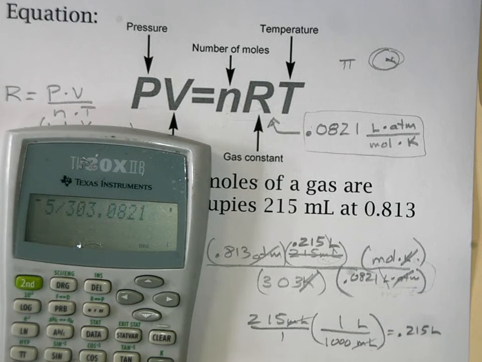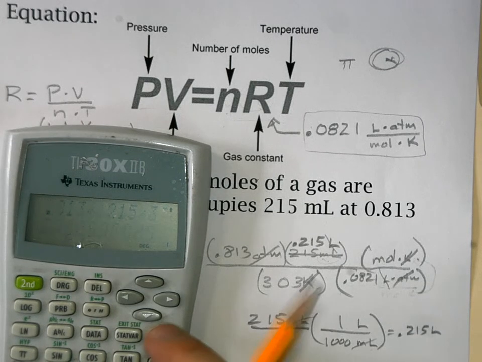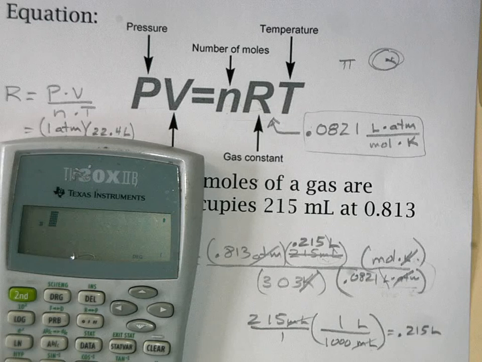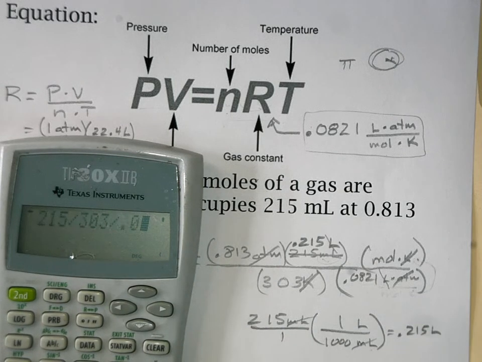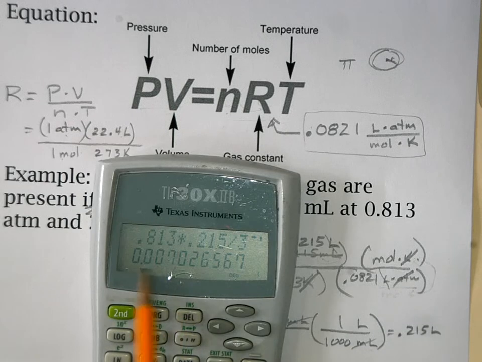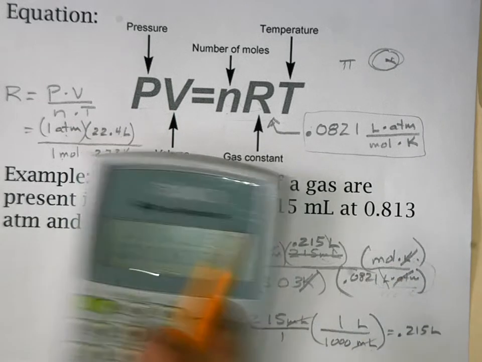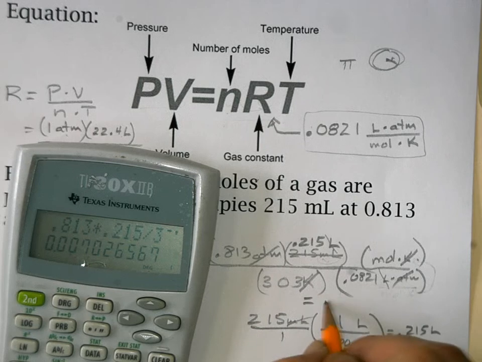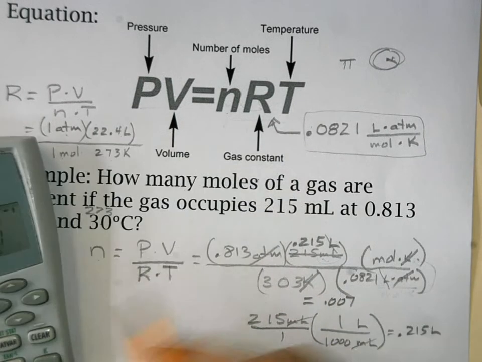Oh, I did it wrong. That's not the right answer. 0.813, now you're watching me. 0.813 times 0.215 divided by 303 divided by 0.0821 equals, there we go, there's the number we've been getting all day. That equals 0.007, and we were looking for moles.